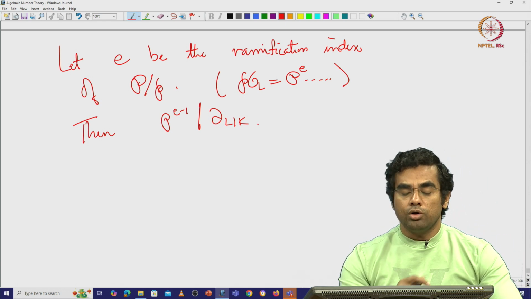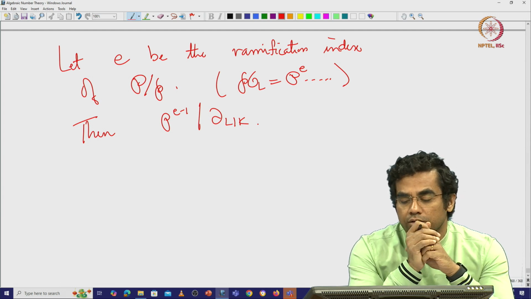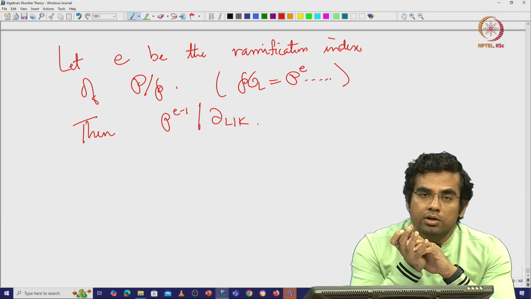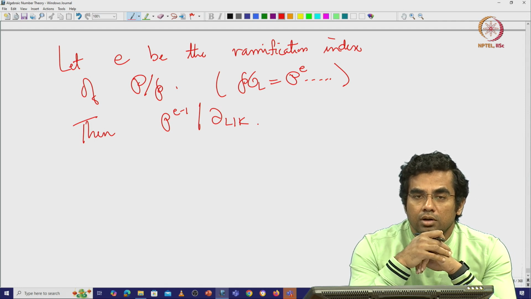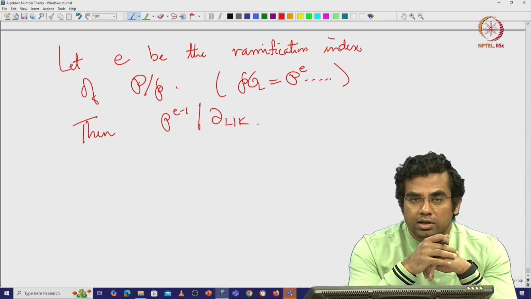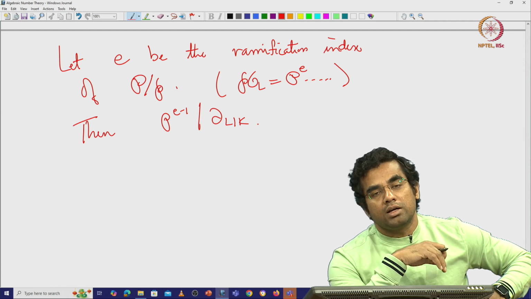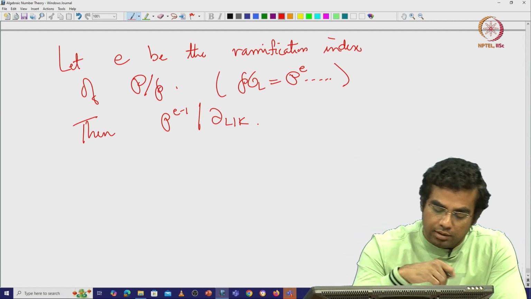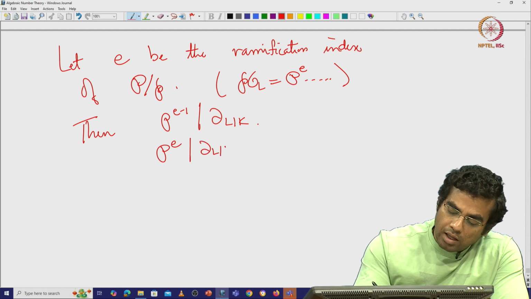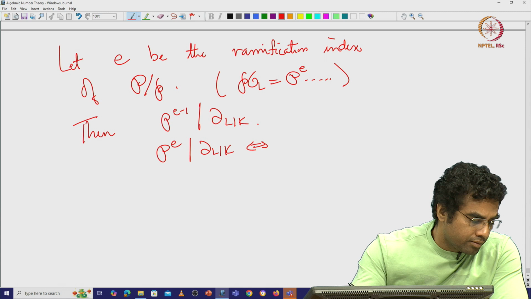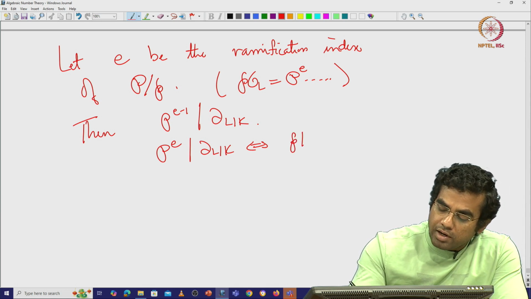So e could be 1, right. e is just that capital P appears in the factorization of small p, but it could appear to only the first power. In this case this statement is contentless, but if capital P does ramify, then it means that capital P divides the different, okay, and P to the e divides the different of L over K if and only if p divides e.